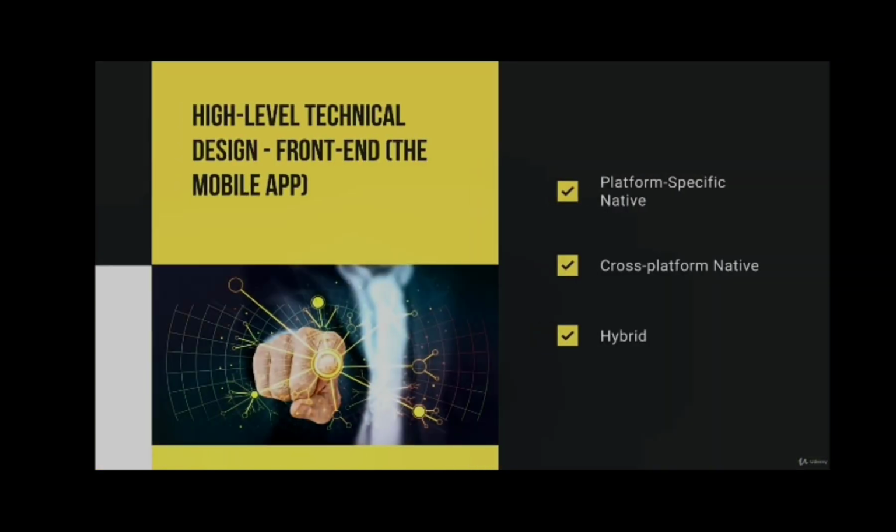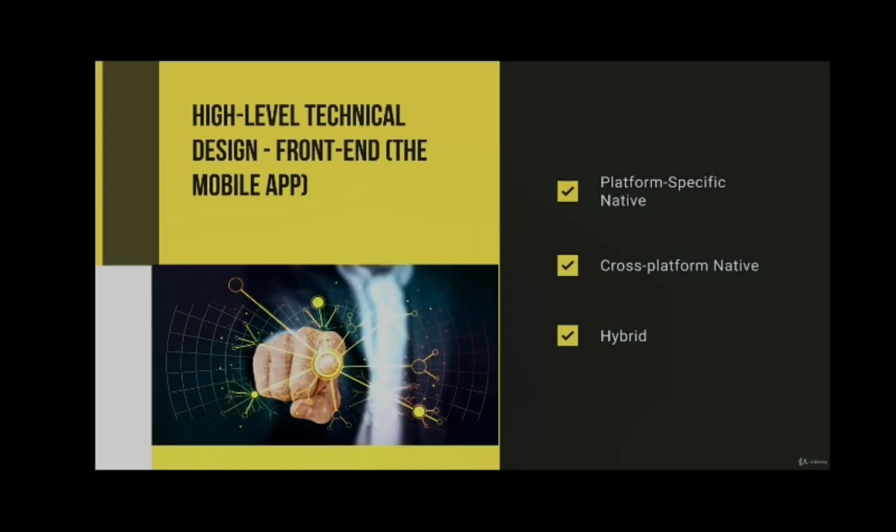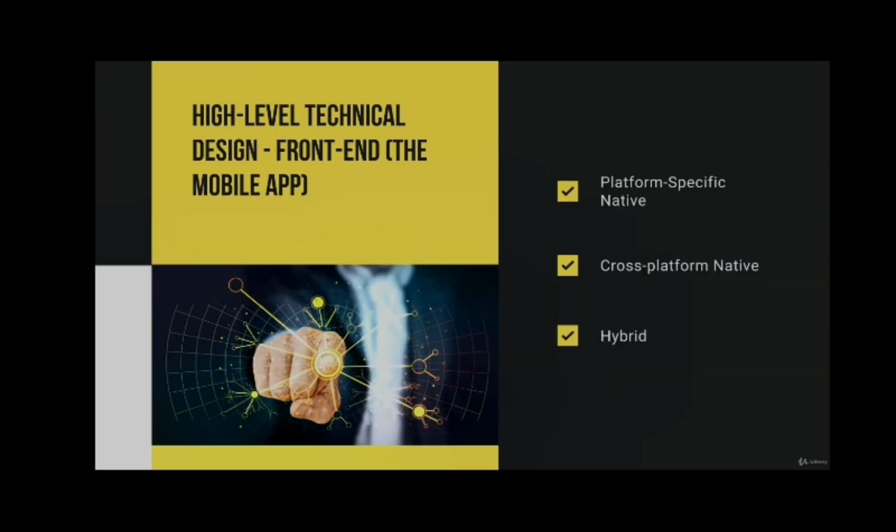Next, high-level technical design, also known as tech stack. There are numerous approaches, technologies, and programming languages that can be used to build a mobile app, each with its own strengths and shortcomings. Some might be cheaper to use, but are less performant, whereas others might take longer to implement and can be a complete overkill.